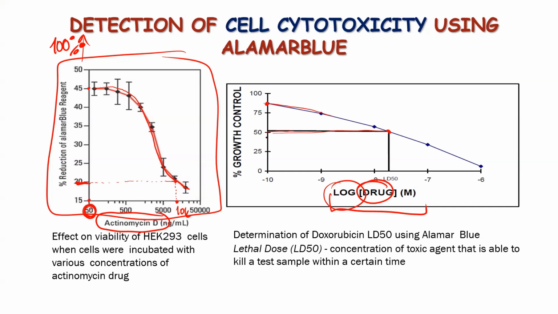So the 50% death for these cells is somewhere between 10 to the power of -8 and 10 to the power of -7 molar concentration of this particular drug.